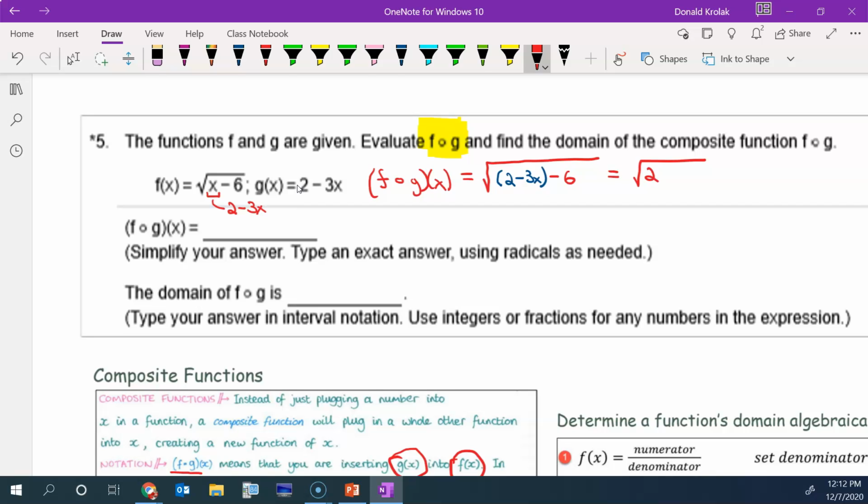I have 2 minus 6, which would be -4. So -4 minus 3x. That is my composite.